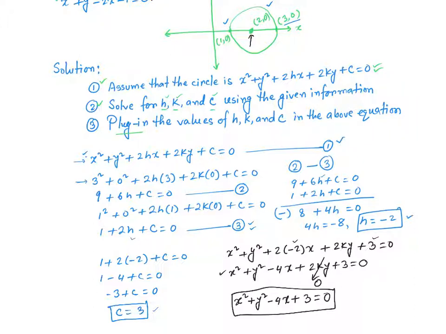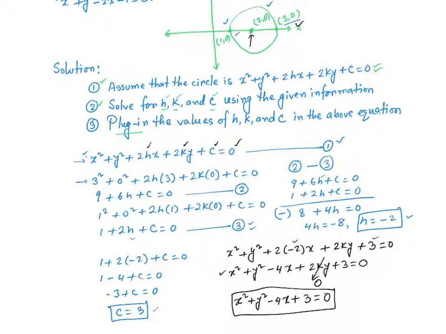Now let me go ahead and summarize what I have done. Basically, we are looking for the equation of a circle which is centered on the x-axis and goes through the point (3, 0) and also the center of the given circle, which is at (1, 0). Now we assume that the circle is this, and then we find the constants h, k, and c by using the given information.